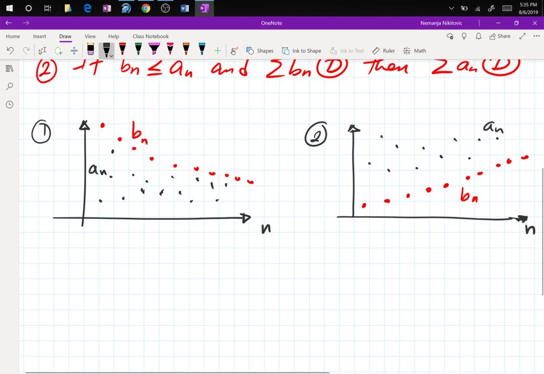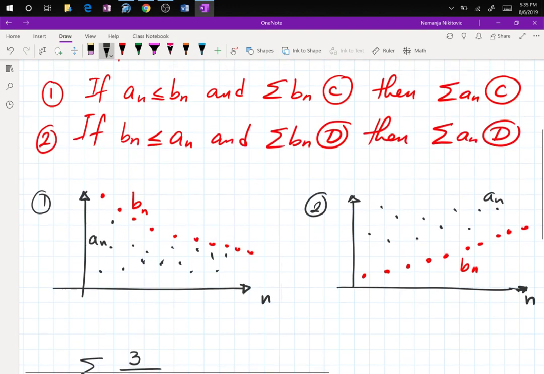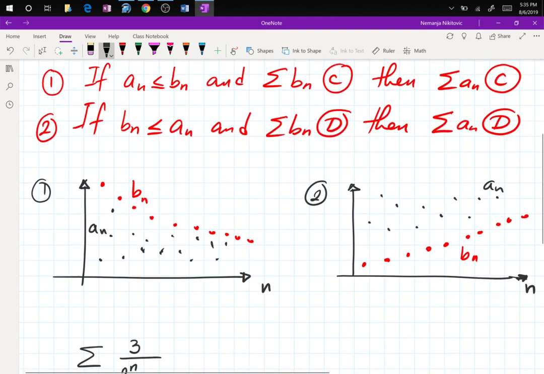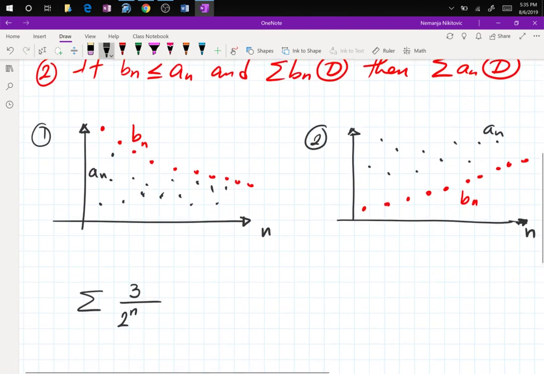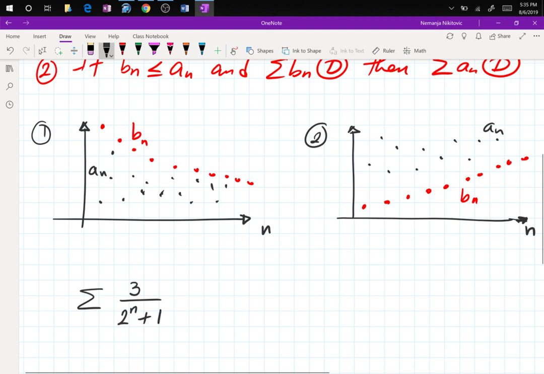So let's take a look at an example of this. Say you have summation of 3 over 2 to the n plus 1, going from 0 to infinity.